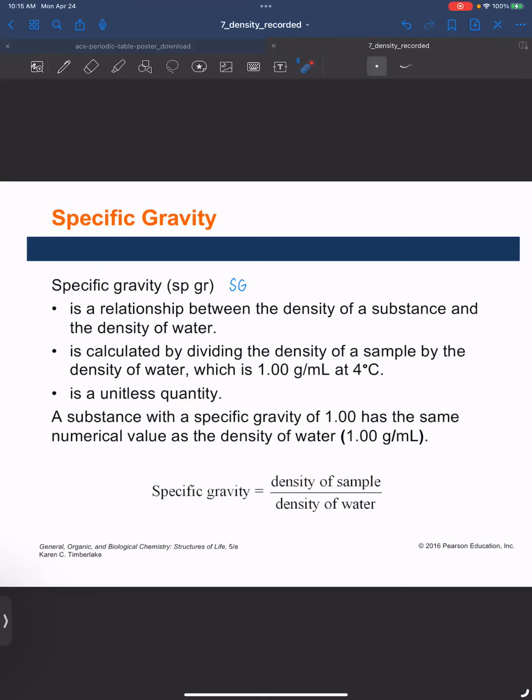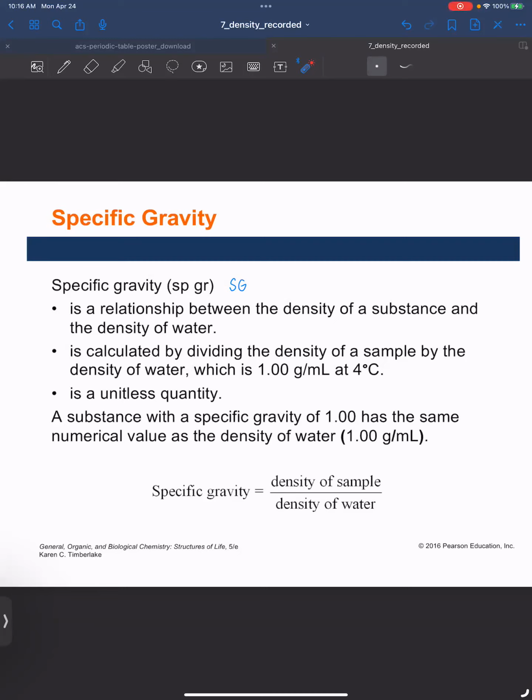And from a chemist's perspective, knowing the specific gravity of a substance will help me know if a substance will float or sink in water if we're discussing something that's a solid object. But also from a medical point of view, many times specific gravity is used when testing a patient's urine. The urine specific gravity measures the concentration of particles in urine and the density of urine compared to the density of water.